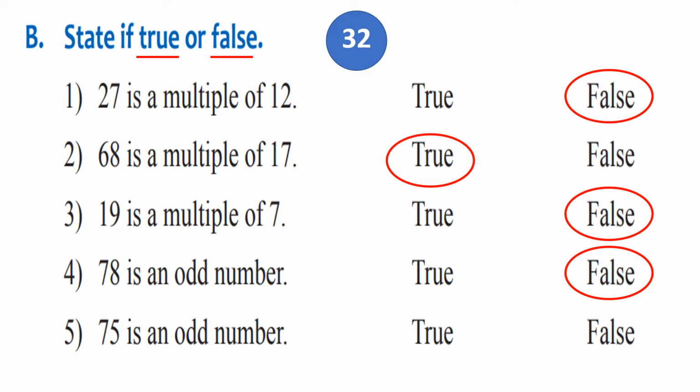Number 5. 75 is an odd number. What are the odd numbers? 1, 3, 5, 7, 9, and so on. 75, the last digit 5, is an odd number. True.